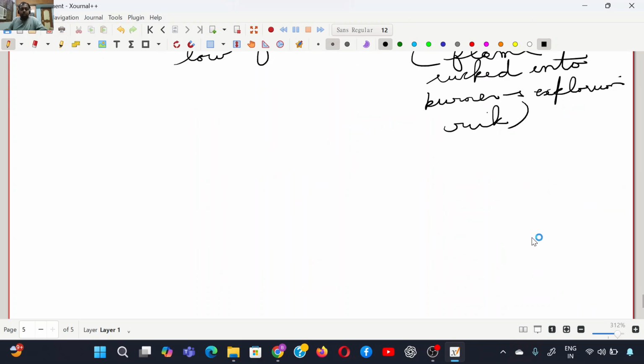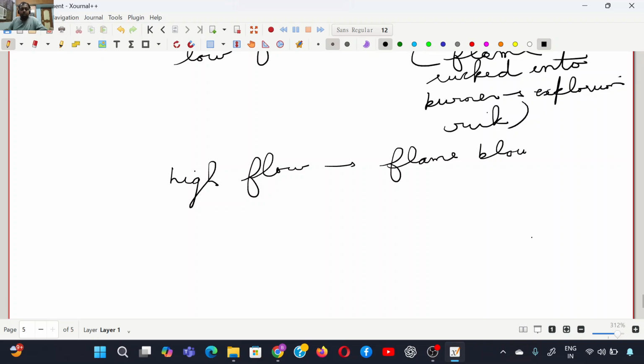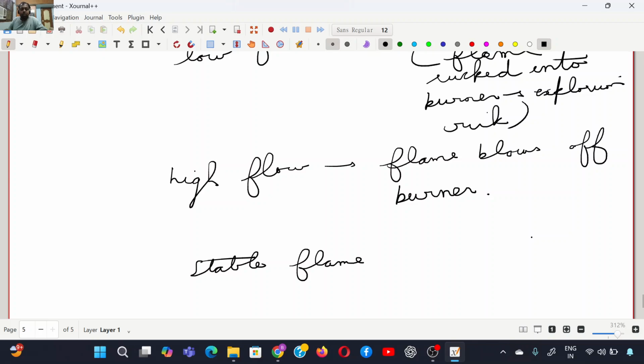If there is high flow, the problem is that the flame can blow off the burner. So we need very precise adjustment to ensure a stable flame.